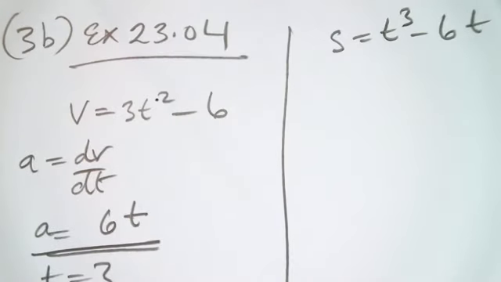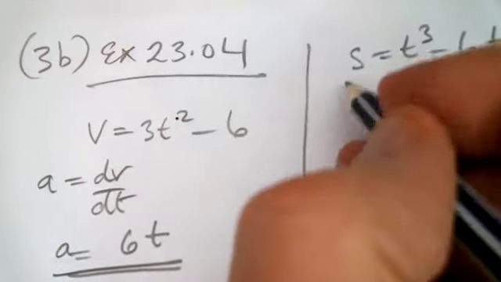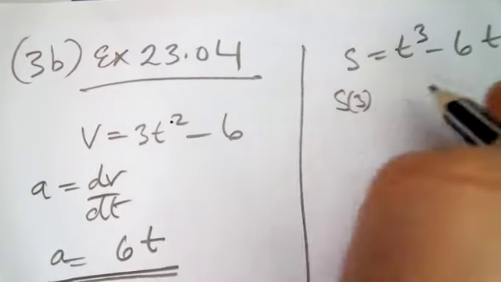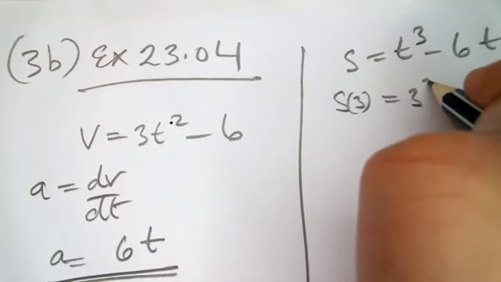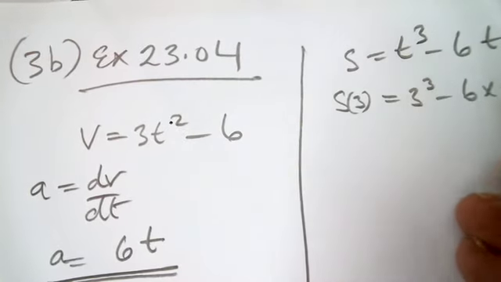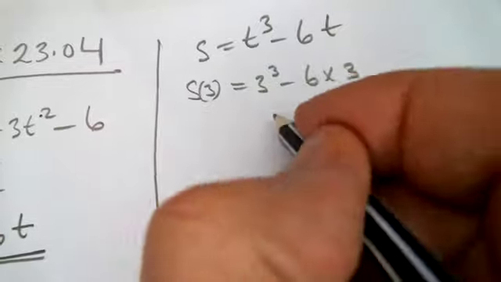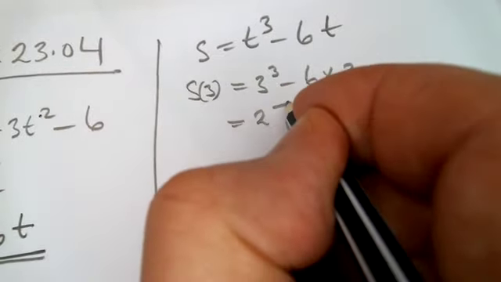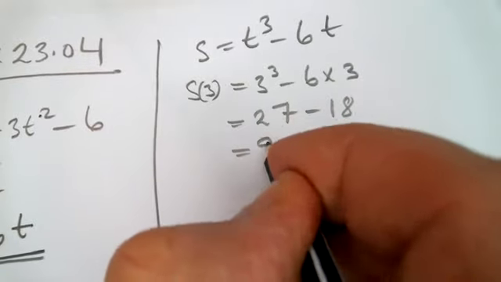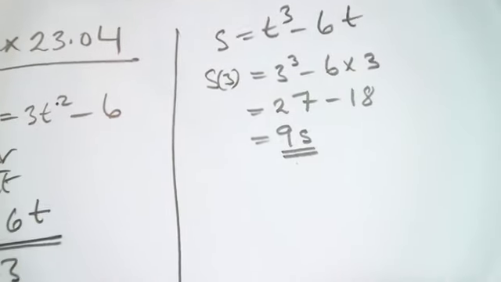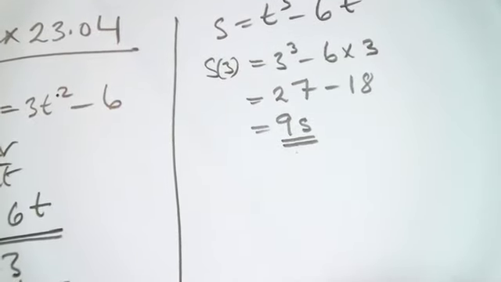Based on that, we can insert 3. So S at the 3 second mark is going to equal 3 cubed minus 6 times 3. That's 27 minus 6 threes are 18, which is 9. So that's the 3 seconds.